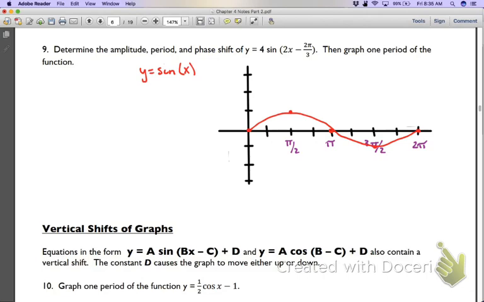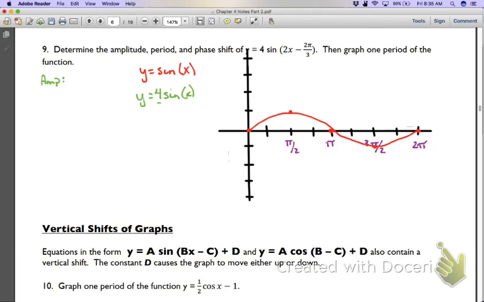Next thing we would have done would have been to go with y equal to 4 sine of x. I didn't put enough spaces. Now I did. So that's dealing with my amplitude. What is my amplitude now of my new function?